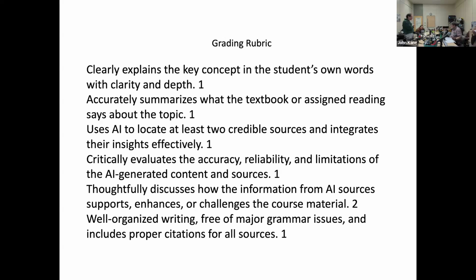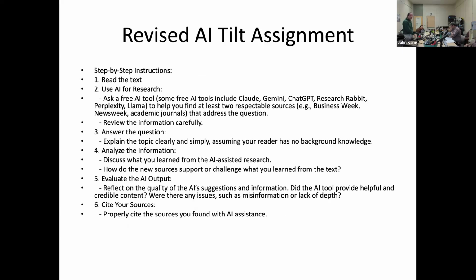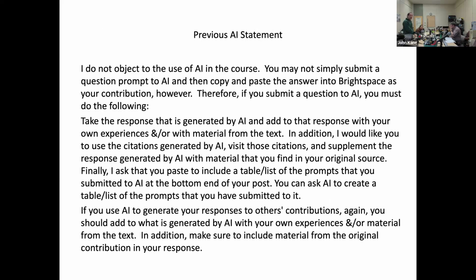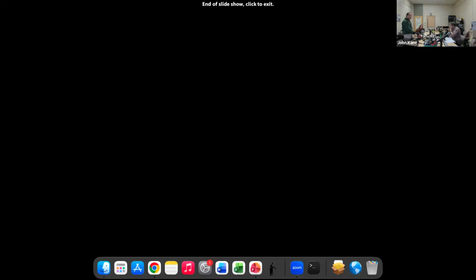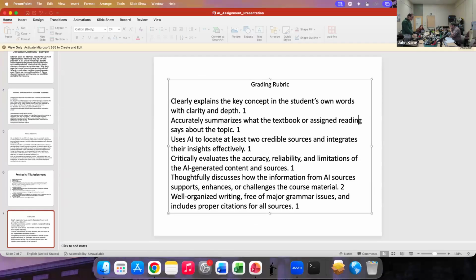But I will tell you that comparing this version with the prior version that I had back here, there are much more accurate citations with AI. I used it for the first time last fall, and I still got some people providing citations to things that don't exist.